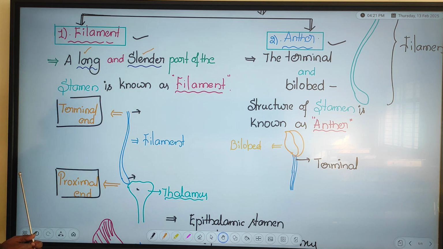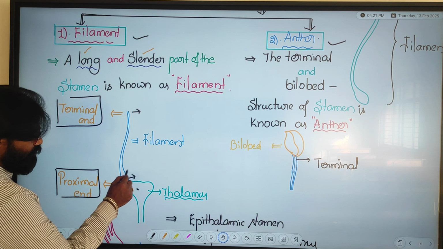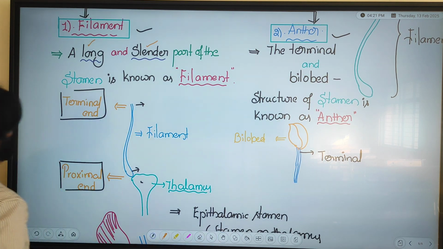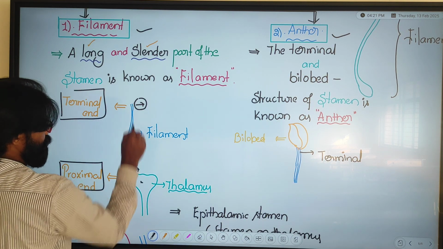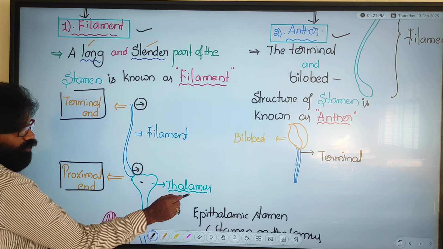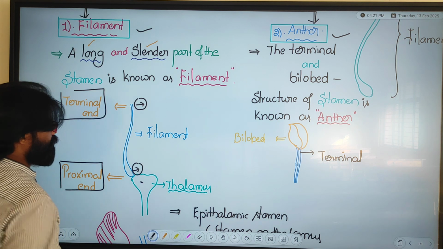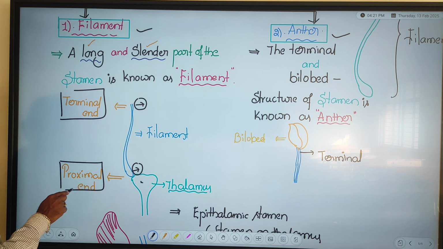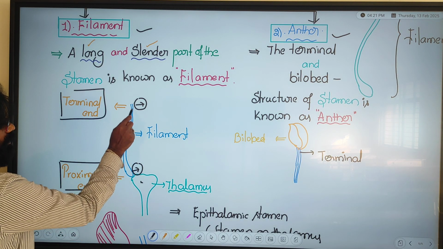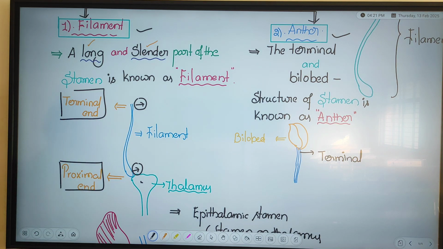It has two ends. One end is very close to the thalamus, where the floral parts are attached or formed. This is called the proximal end, and the end far from the thalamus is called the terminal end.